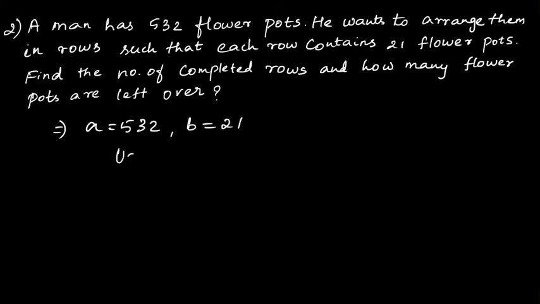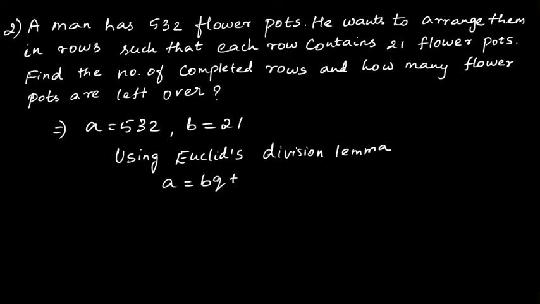So using Euclid's division lemma, we get, so a is equal to bq plus r. So a value is 532 and b value is 21 into, so when you divide and check, you will get quotient to be 25 and you will get remainder 7.